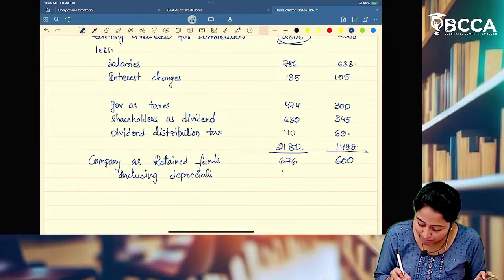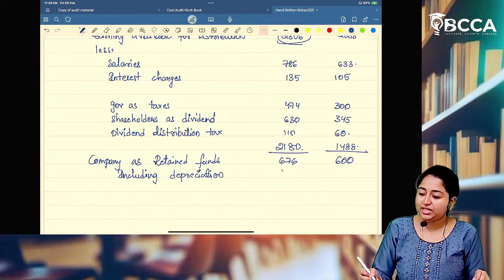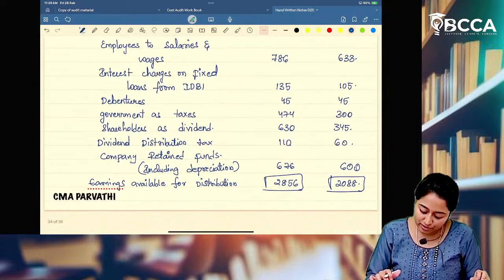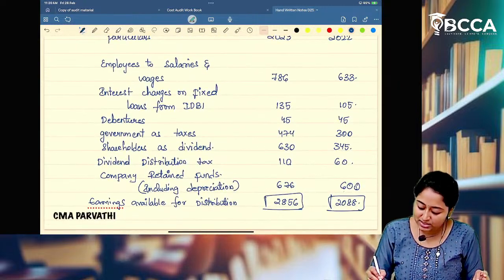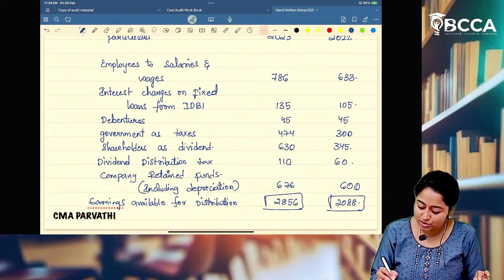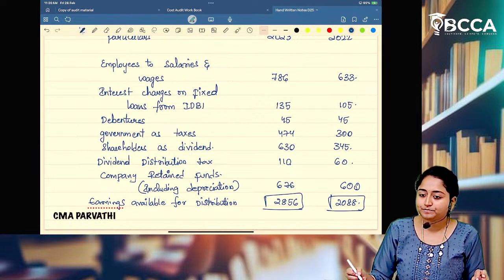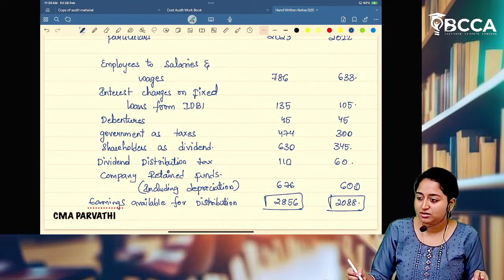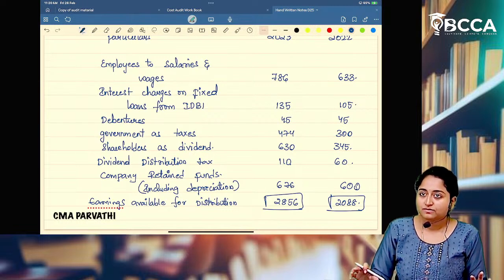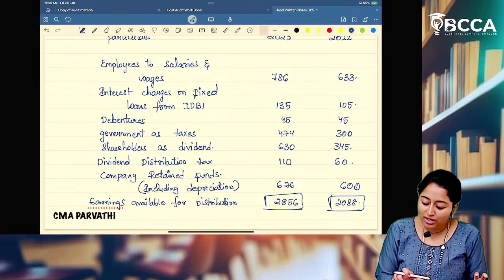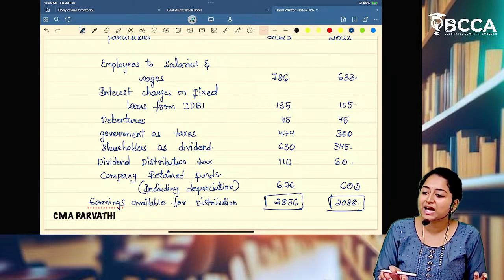So including depreciation, this is company's retained funds, and then you have to write company's retained funds 676 and 600. Then you will get earnings available for distribution as 2856 and 2088. Clear? Any doubts? Do you understand how we are calculating that? But you should not take company's retained funds as a balancing figure.